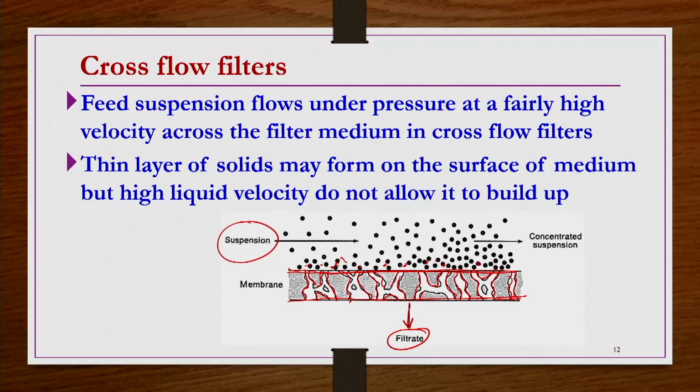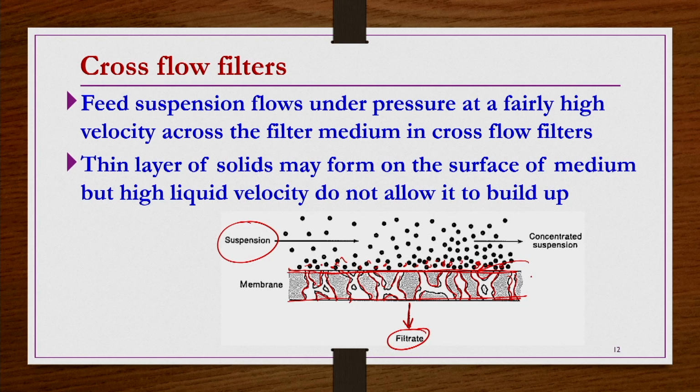Though these particles deposit on the surface, the high speed of the slurry, the feed from which we are separating particles, will not allow them to form a cake. But a layer formation cannot be avoided, and such a layer of particles formed on the surface is known as concentration polarization in membrane terminology.